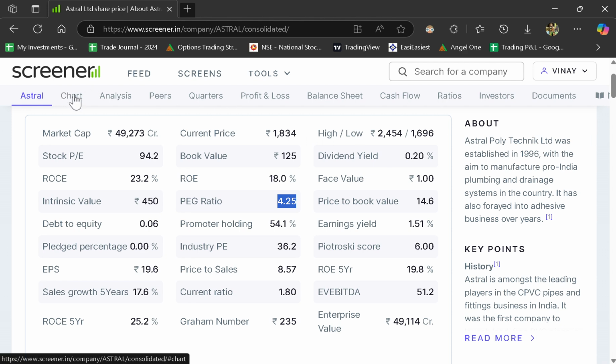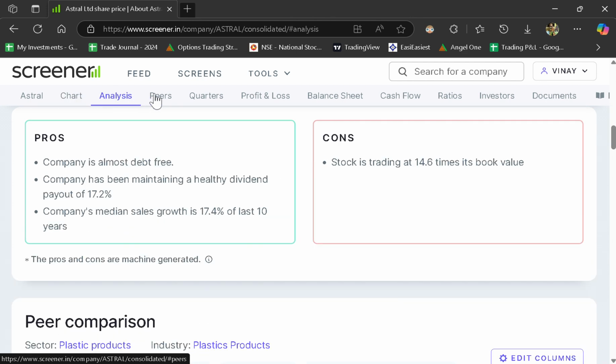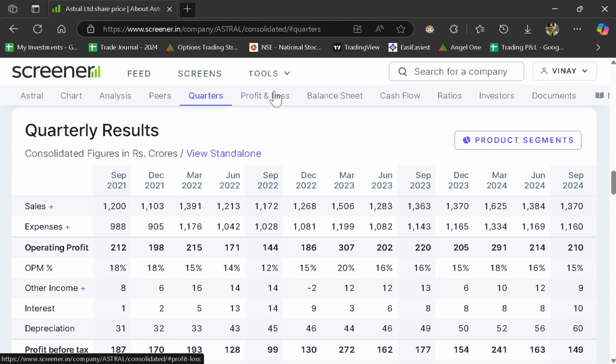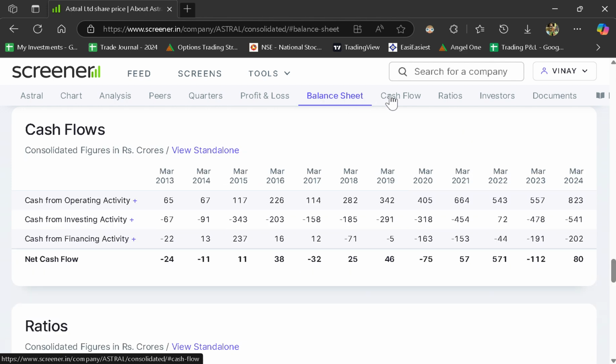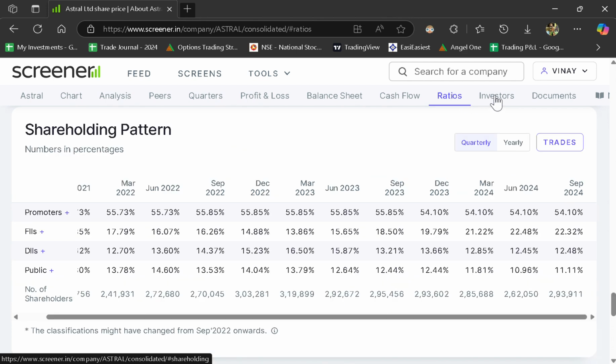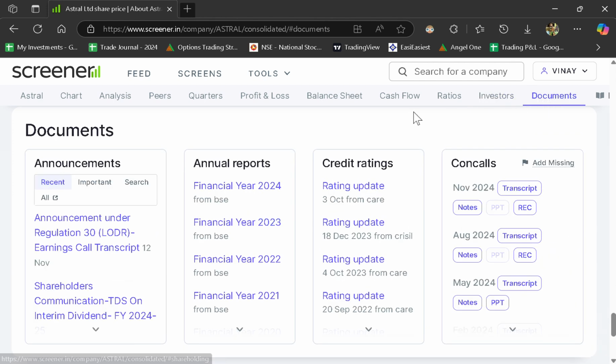Now, if you see the various tabs, this is charts, then some analysis, peers, quarters, profit and loss statement, balance sheet, cash flow statement, ratios, then the shareholding pattern, and some documentation.